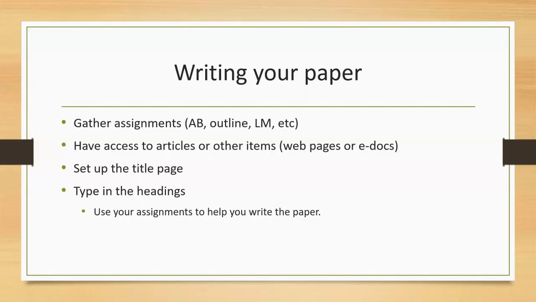Set up the title page, make sure you've got your headings, and then make sure you use your assignments to write your paper. I'm expecting you to use the feedback I have provided you. If I give you very specific feedback and you ignore it, you will lose points.